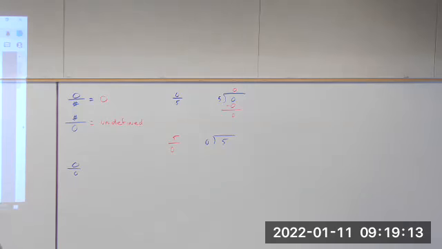Well, let's talk about that. So this means 0 over 0. Both of that is 0. Which means those 2 points make a very special kind of line.